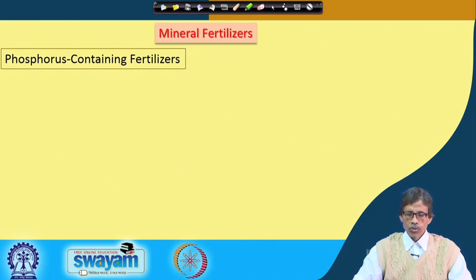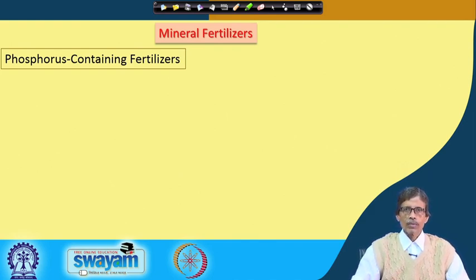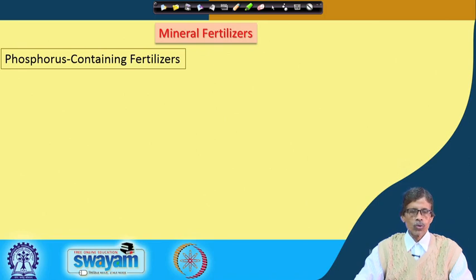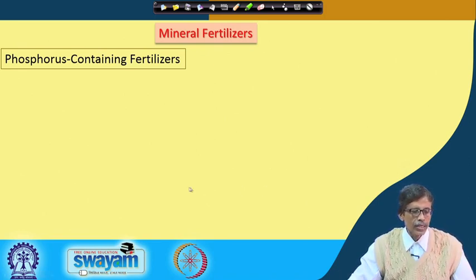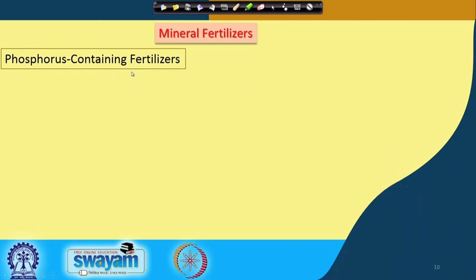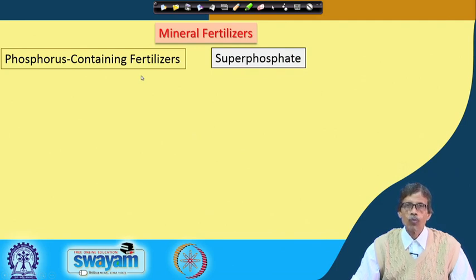So, it has a nitrogen source, a potassium source, and a phosphorus source also. So, the mineral is now phosphorus, and the phosphorus containing fertilizers can be obtained as superphosphates. We sometimes call them superphosphates of lime. How do you make them?